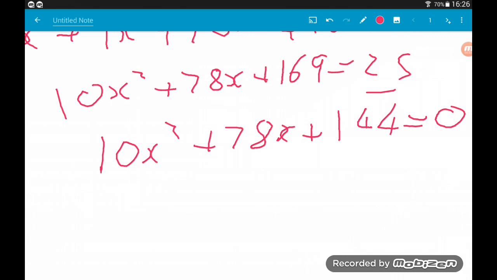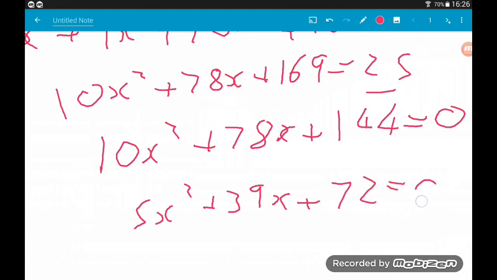And here we do. We have a common factor of 2 on all 3 terms. So now we're going to divide through by 2. And that's going to leave us with 5x squared plus 39x plus 72. And that is all equal to 0.